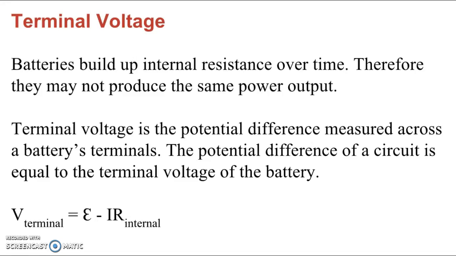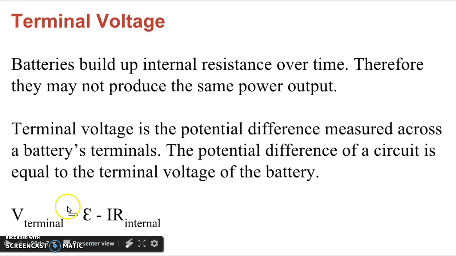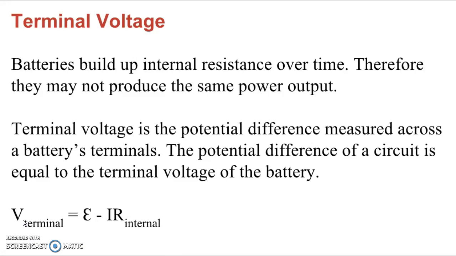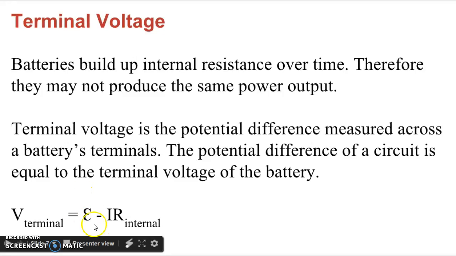So in order to account for that, the terminal voltage, which is the actual voltage that the battery produces, or the actual potential difference the battery has, is going to be the EMF, so whatever the battery ideally has, minus the current multiplied by the internal resistance of the battery.